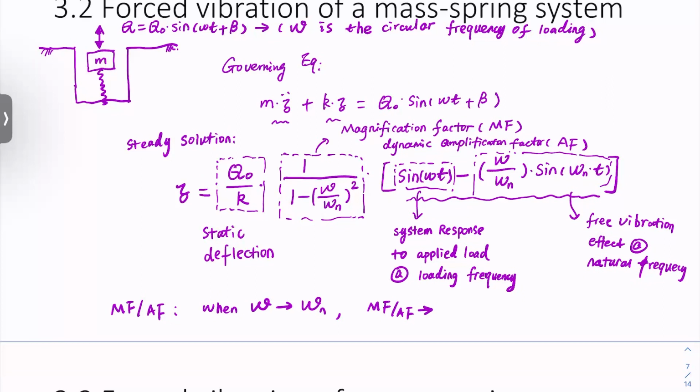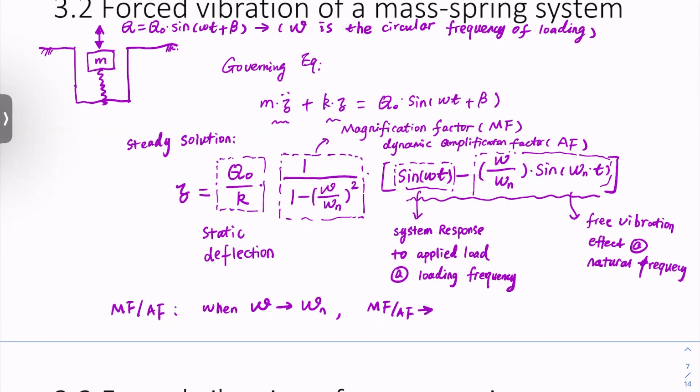Yeah, 1/0 is illegal. That's for young children, but we are engineers. If omega is approaching omega n, that means omega over omega n squared is approaching 1, right? And then our factor is 1/0. What is that number?